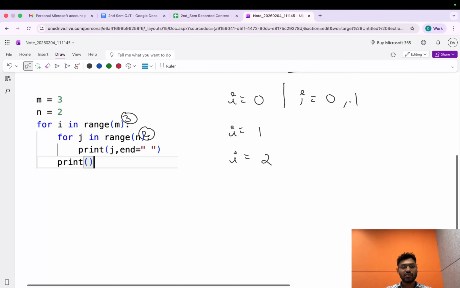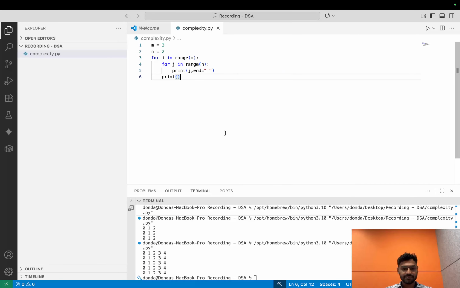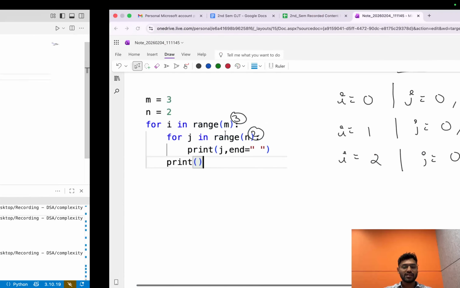It won't go to 2 because it's exclusive, right? So 2 times. When I equals to 1, j is going to run 0 and 1. When I equals to 2, j is going to run 0 and 1. Is it so? Let's check. 0 1 0 1 0 1.